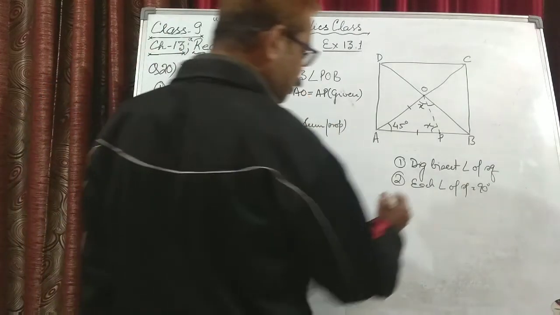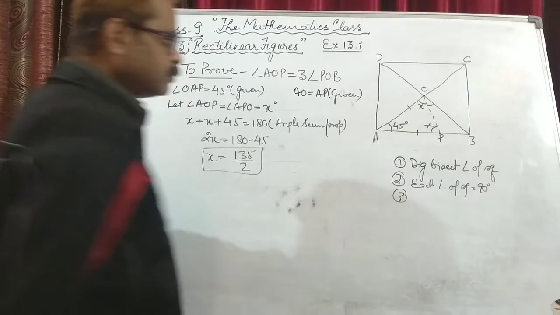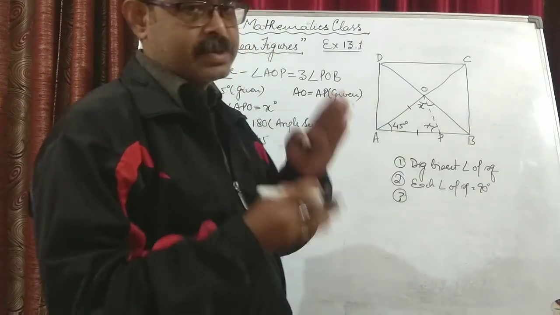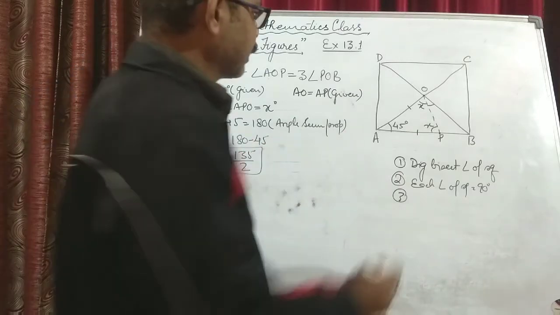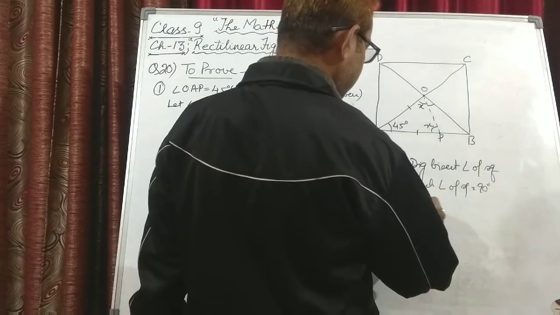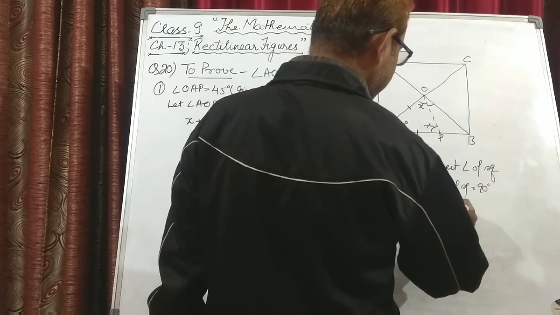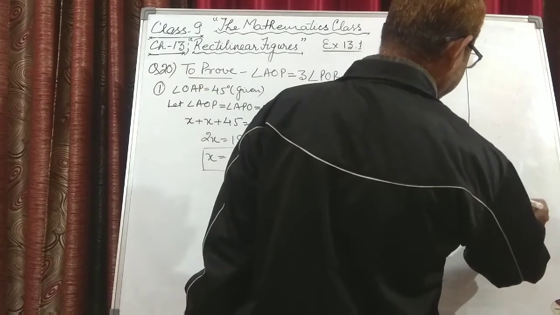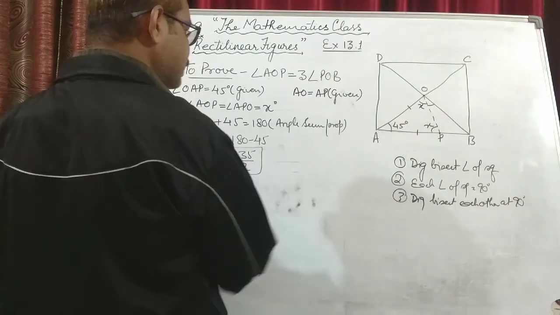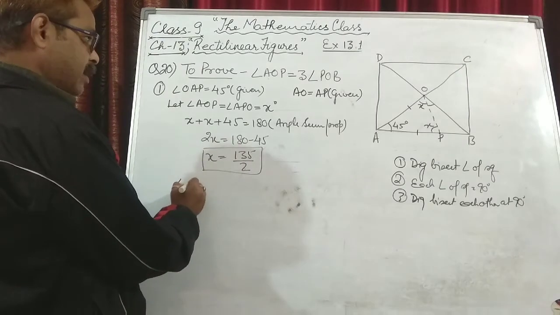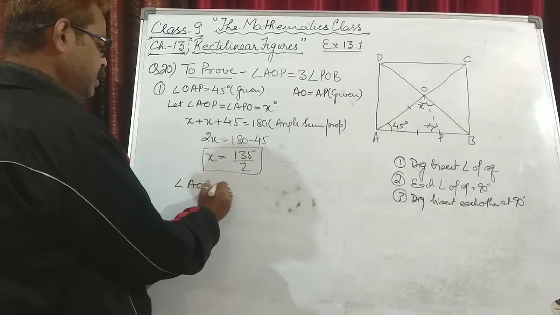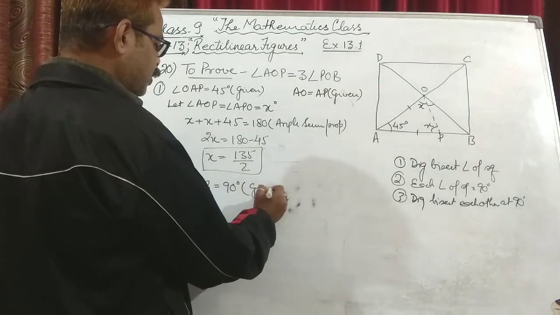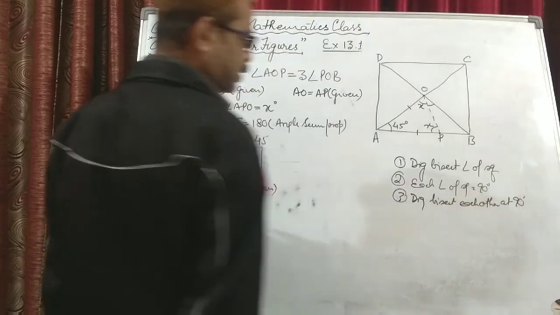Now we also know the third property of a square is that its diagonals bisect each other at right angles. It means diagonals bisect each other at 90 degrees. So we can say angle AOB is equal to 90 degrees, because we know the property that diagonals bisect each other at 90 degrees.